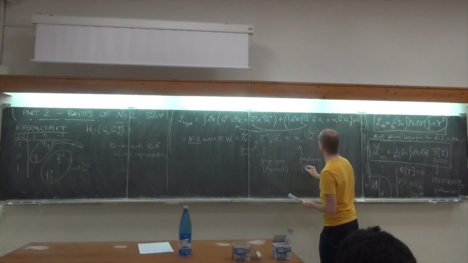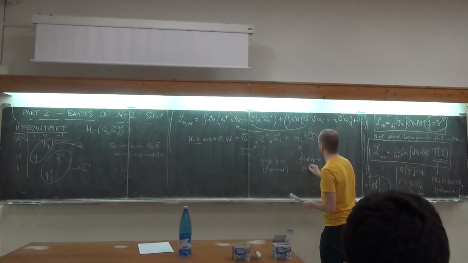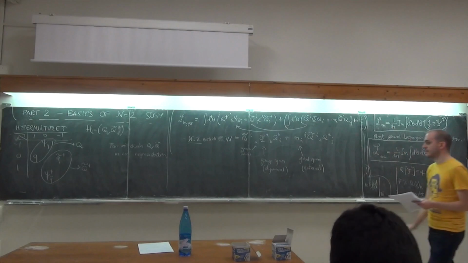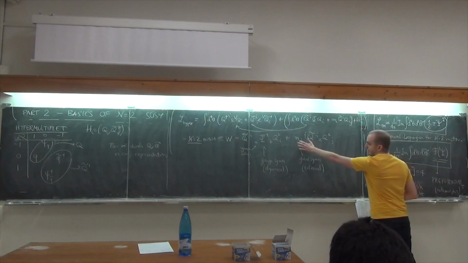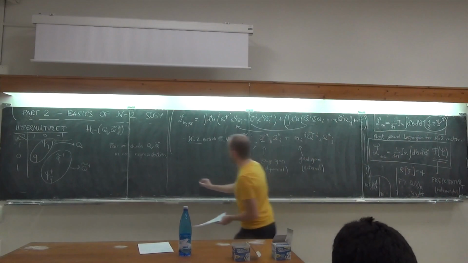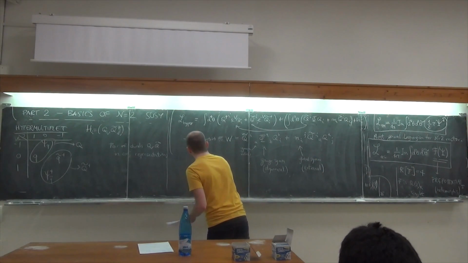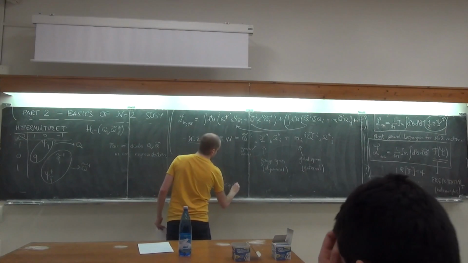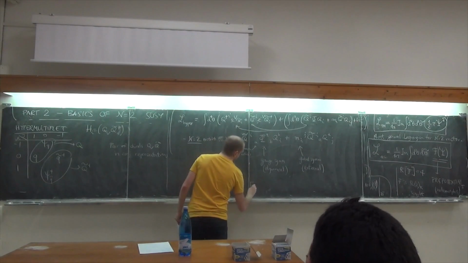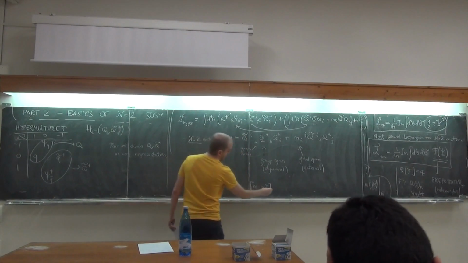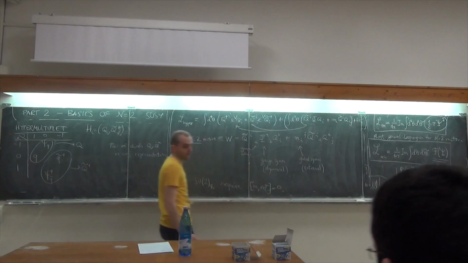So this is some external, so you can view this as a scalar in an external vector multiplet. And then SU(2)_R symmetry will actually require that the mass matrix M commutes with its complex conjugate.